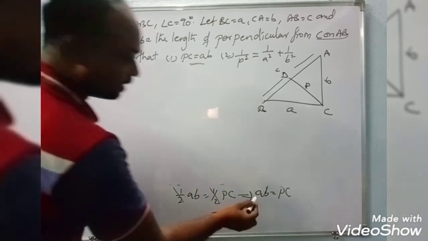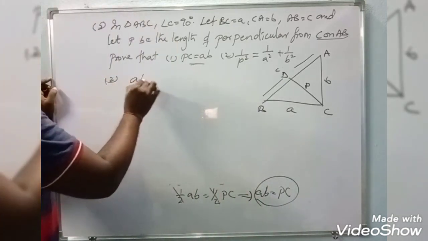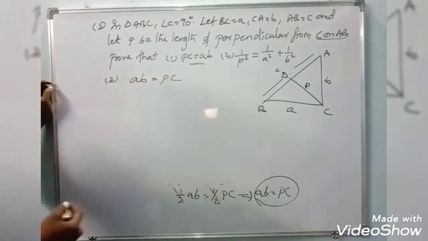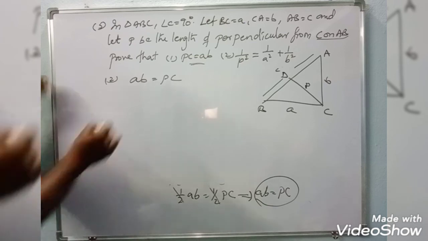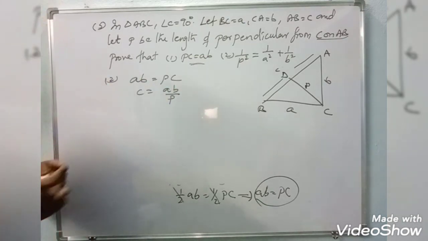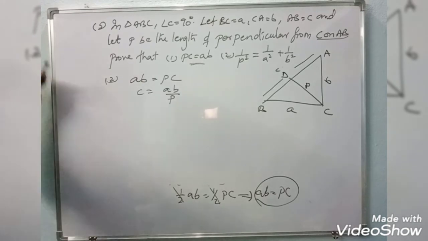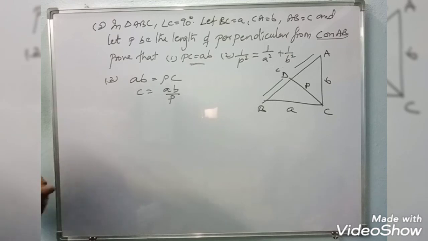Now already we have here ab is equal to pc. To prove your second one, we are converting this complete value in terms of c, that is c is equal to ab by p. Now use your Pythagoras theorem. Let us see here.